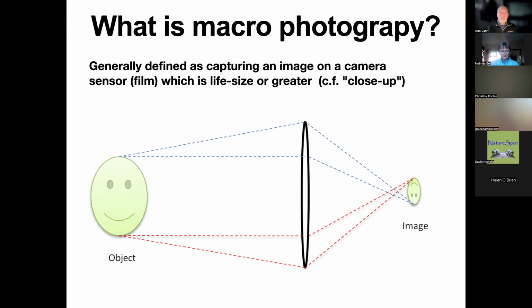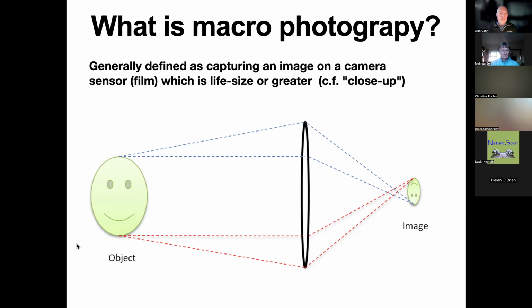So this diagram is a diagram of a typical photograph. Here we've got quite a large object, and this is some distance away from the camera. And the image that's formed inside the camera by the lens is actually much smaller than the object that's being photographed. So that's normal, non-macro photography.